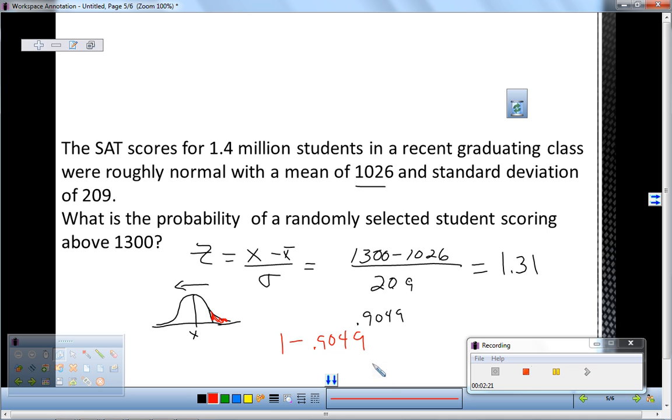Alright, and so our probability here is going to be 0.0951. So the chances of randomly selecting somebody that scored above 1300 is not very likely.